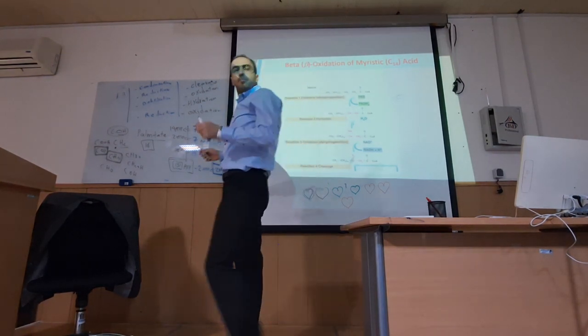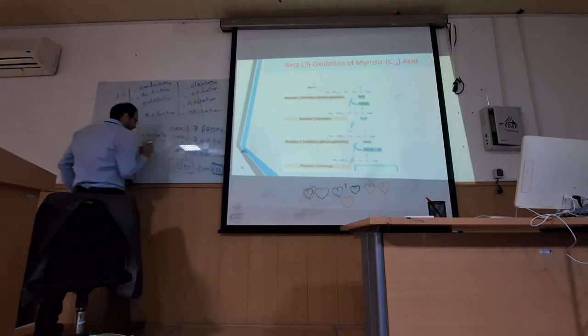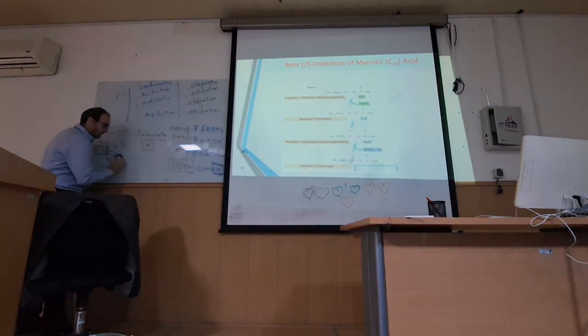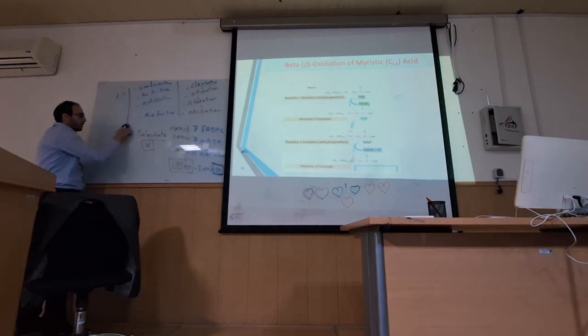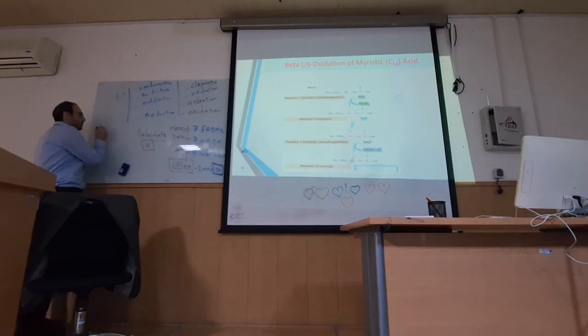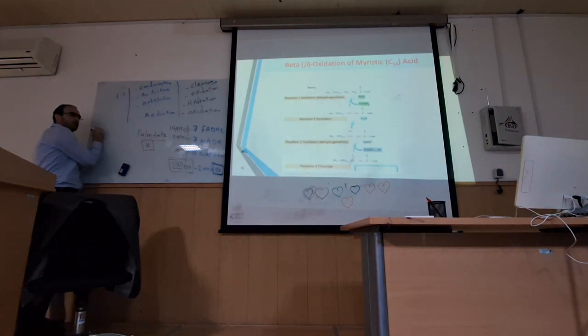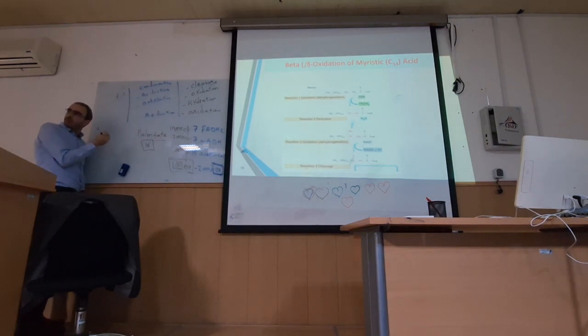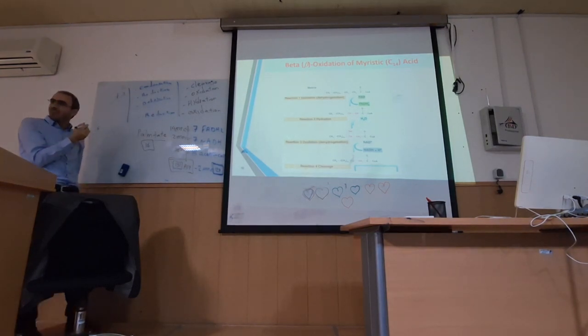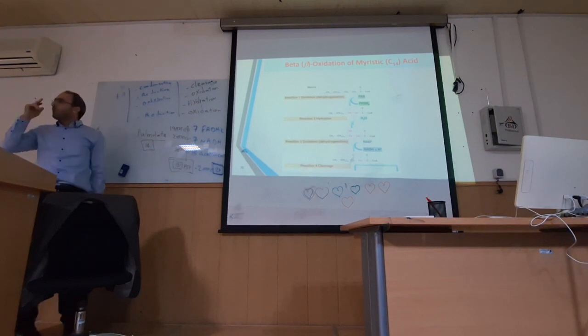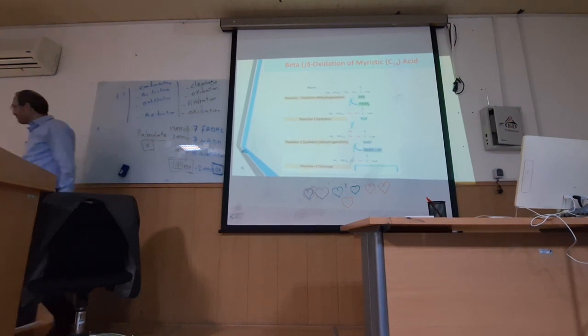We have 6 FADH2, 6 NADH. How many cycles do we have? 6. 7. 8. The number of cycles should be 6.